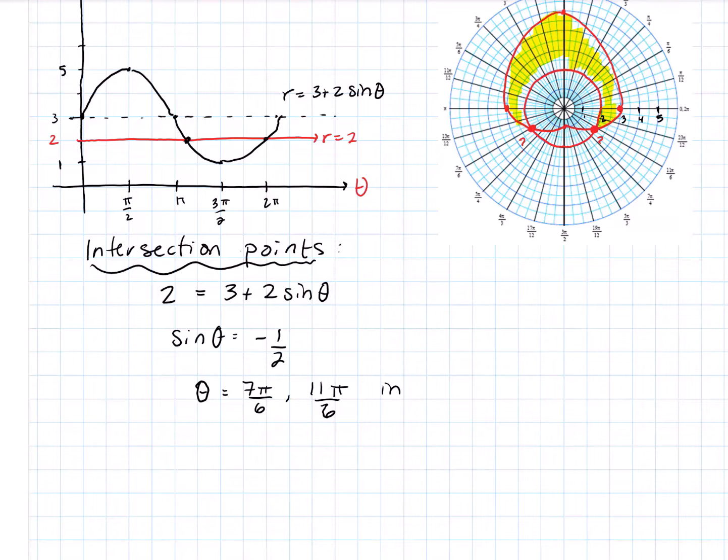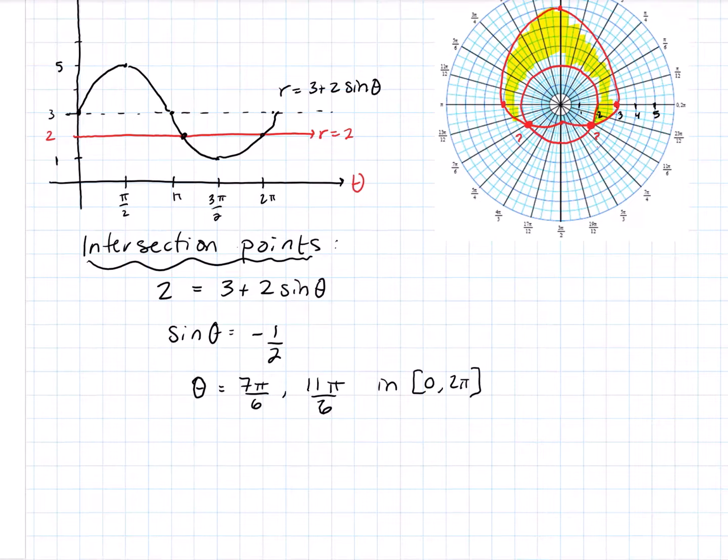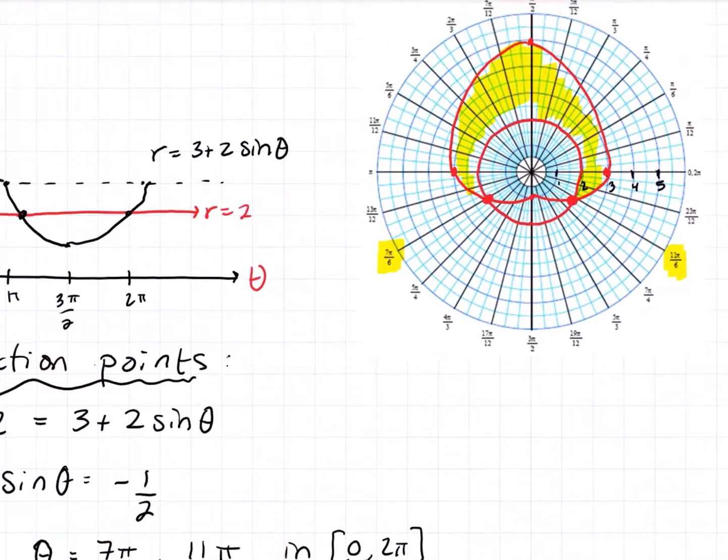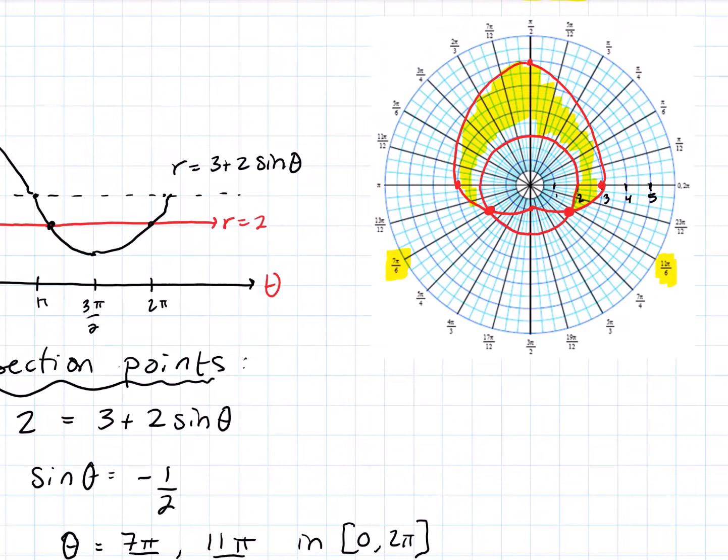That is in one cycle. Of course, as we continue around and around, we end up back through. So we're at 7 pi over 6 and 11 pi over 6. When I was graphing that, I just wanted to get that as close as I could. Okay, so those are the 2 rays that we're actually looking at.